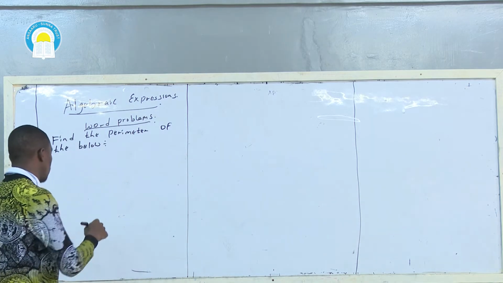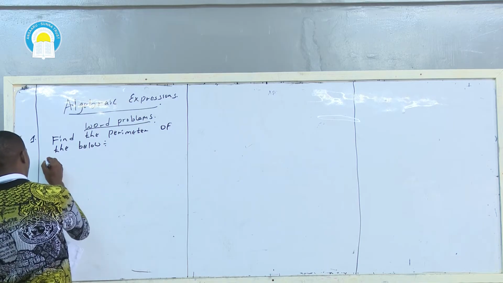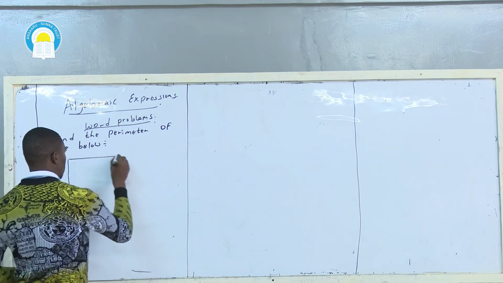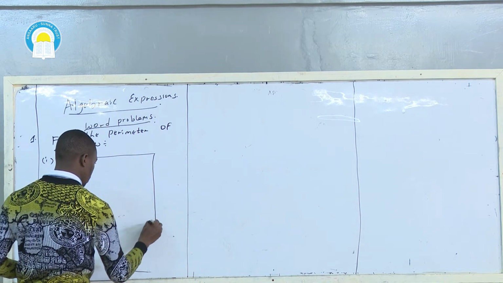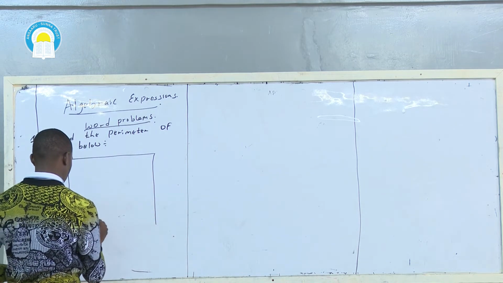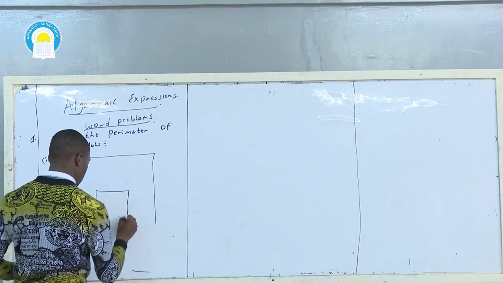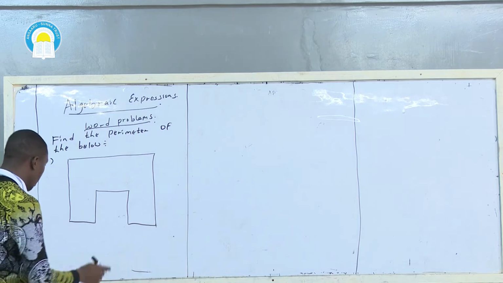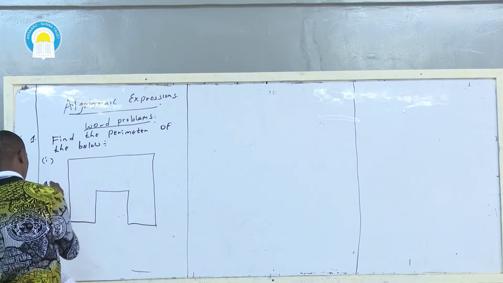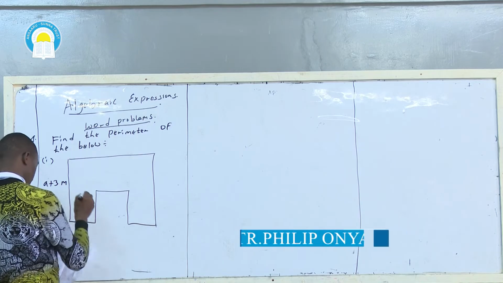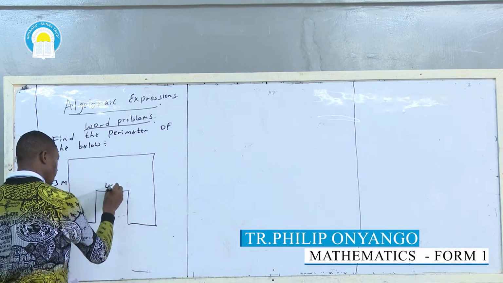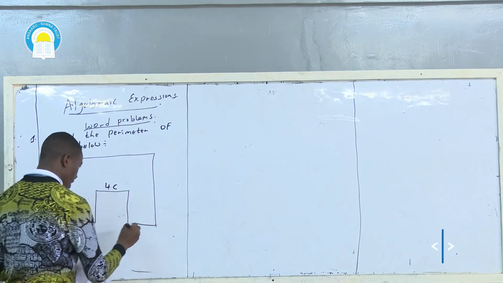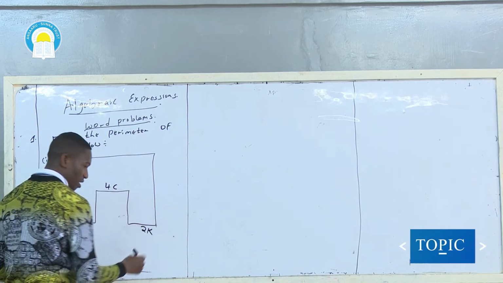So I will draw my figure here as my Roman 1. This is my figure. This side is a plus 3 meters, while here is 4c, then here is 2k, and this side is also 2k.